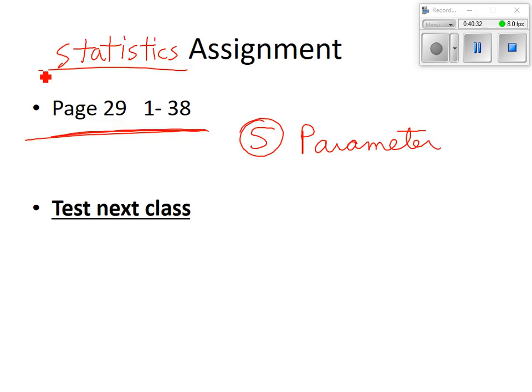Statistics is the name of this subject. A statistic is a certain piece of data. All right? Parameters talk about a certain piece of data, but it talks about the entire population.